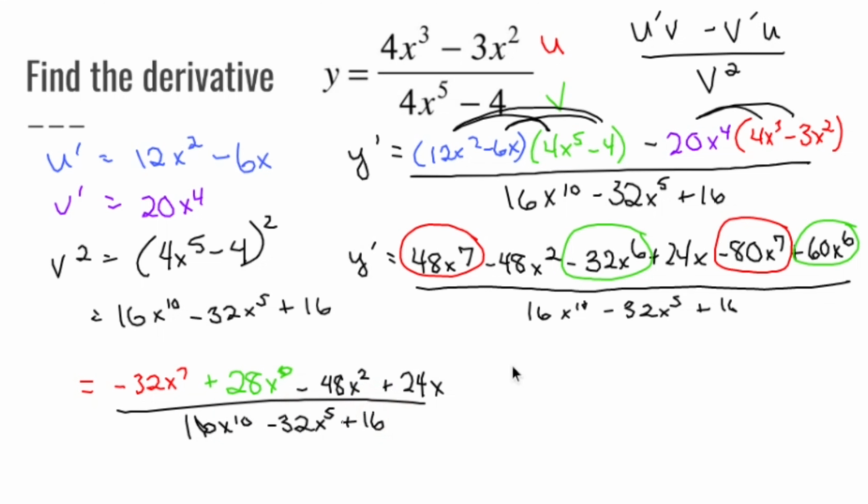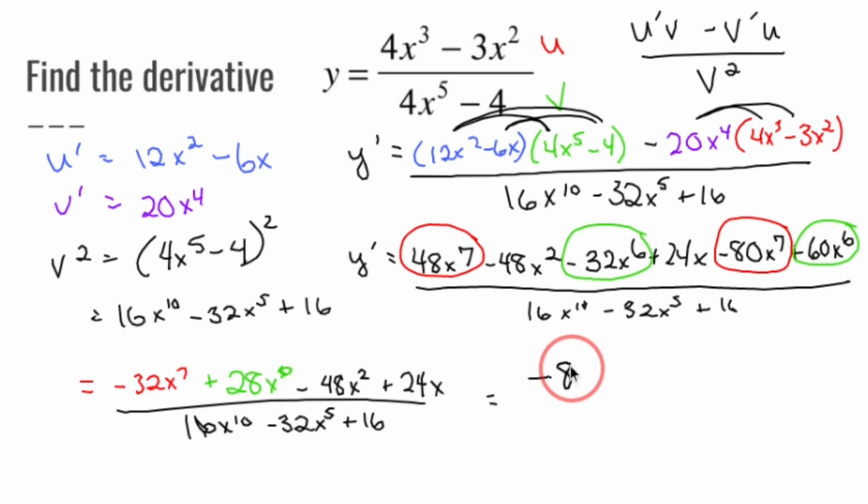The only thing that I can do, and I'm running out of space here, so I'm going to do this all in my head. I can factor out a 4 up top. I can factor out an x up top. But if I factor out an x up top, that does mean nothing for the bottom. But if I factor a 4 out on top and factor a 4 out on the bottom, all the 4s disappear. So what I'm going to do is I'm going to literally divide each and every one of these guys by 4. That'll get me my final answer.